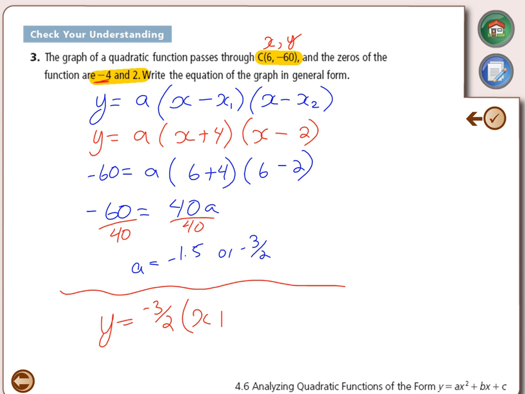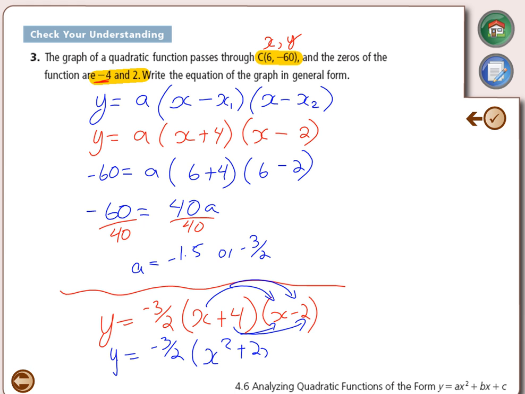Plug her in. Y equals negative 3 over 2, bracket, x plus 4, x minus 2. That's the factored form. In order to get it into standard form, we're just going to expand that, which gives us y equals negative 3 over 2, bracket, x squared plus 2x minus 8.